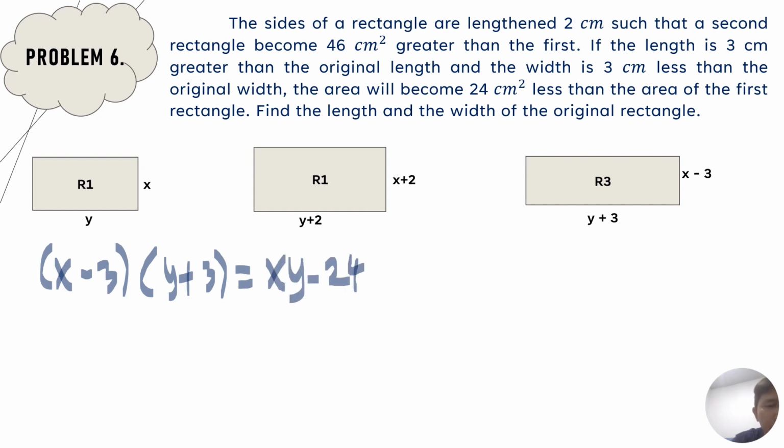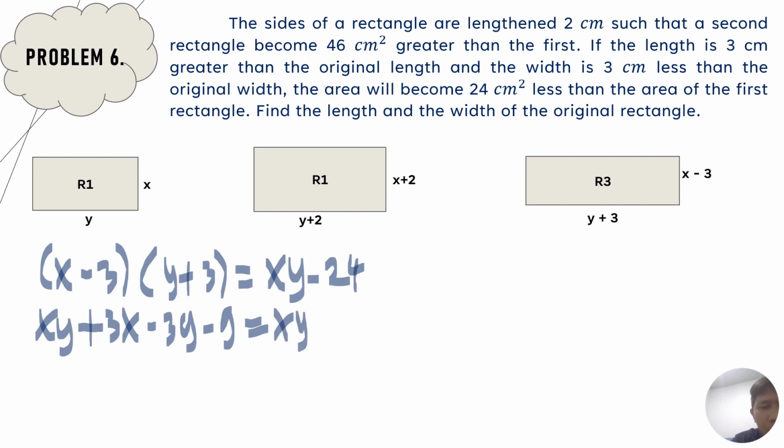Then we're going to multiply it. This becomes xy plus 3x minus 3y minus 9 equals xy minus 24. Then we can cancel xy and xy, so the remaining is 3x minus 3y equals negative 24 plus 9, so equals negative 15.